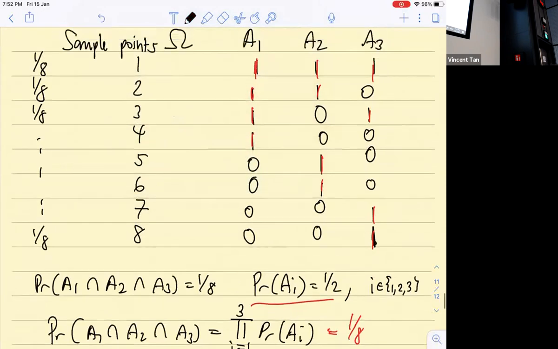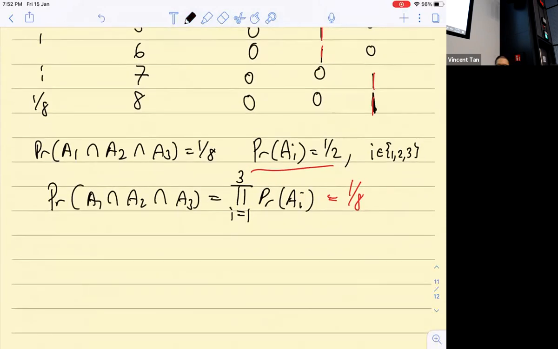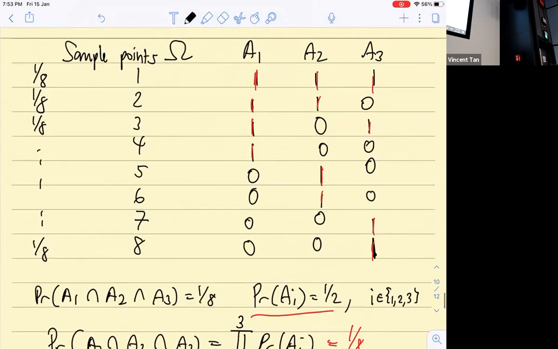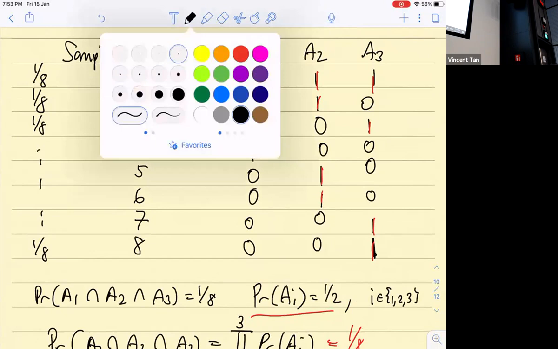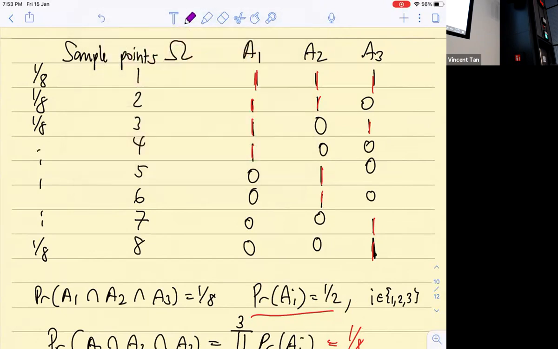However, let's look at the probability of A2 and A3. A2 and A3 are on at the same time only in this row, which means we only collect 1/8 mass.